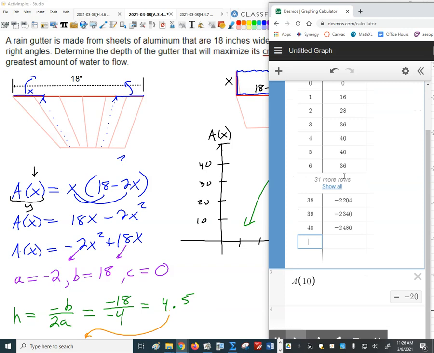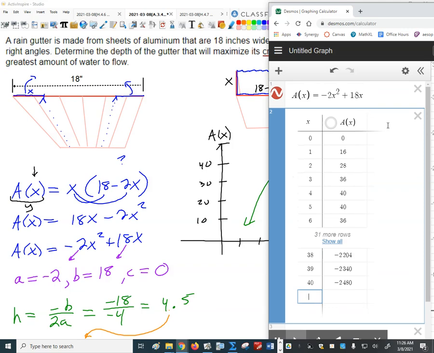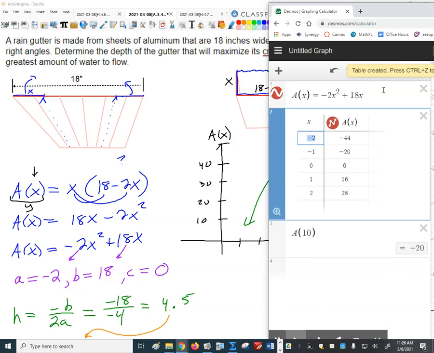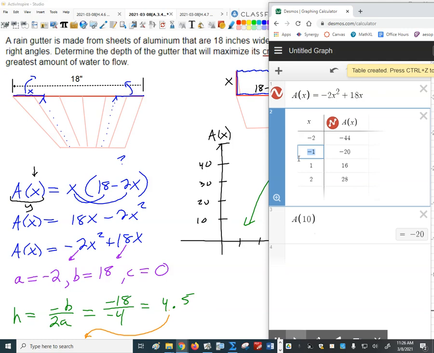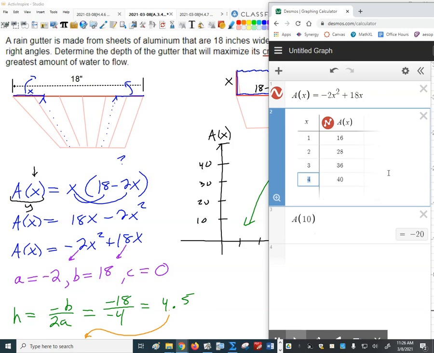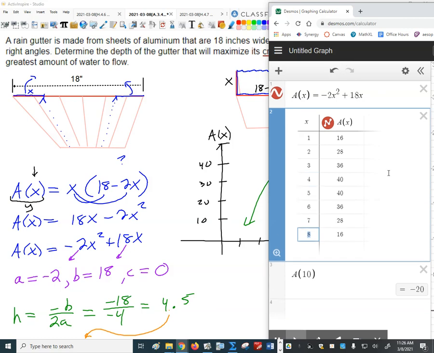Oh, that's going to take forever. If I recreate, oh, there we go. Good. So look, I could make my table, and look what happened. When I make my table, I didn't get a single value that gave me a maximum, right?